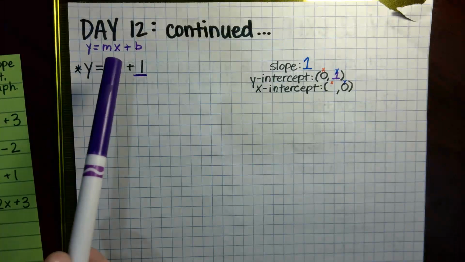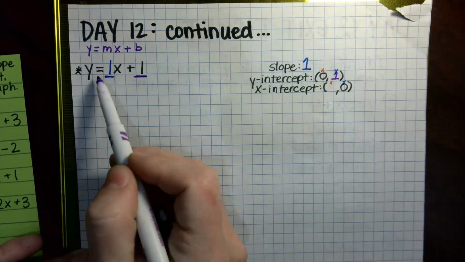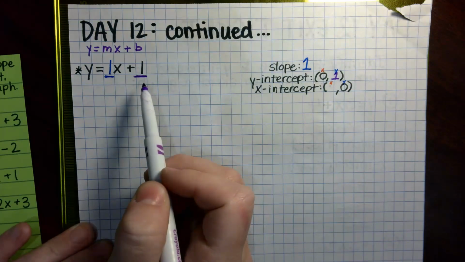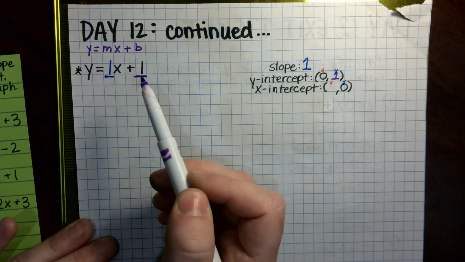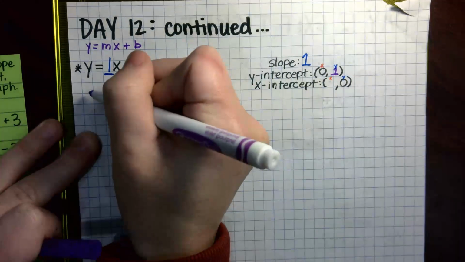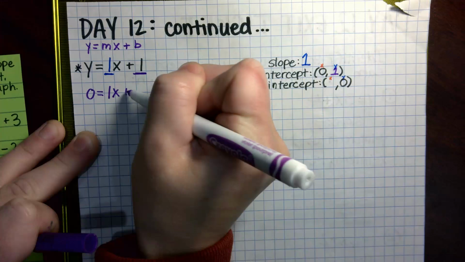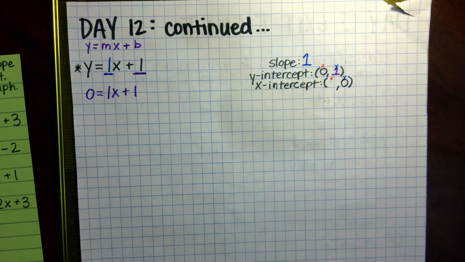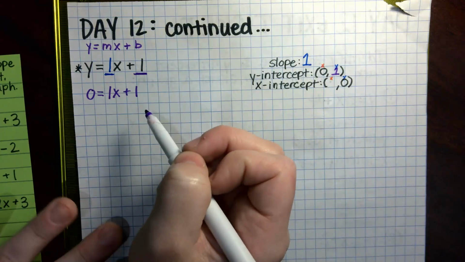So let's look at this equation now. We have y equals x plus 1. So we need to set y to 0 and solve for x. So let's go ahead and do that. We're going to put 0 equals 1x plus 1. Is anybody lost about what I just did there? Okay. All right, now we just need to solve for x. So what are we going to do here?